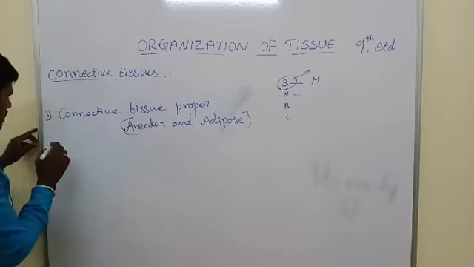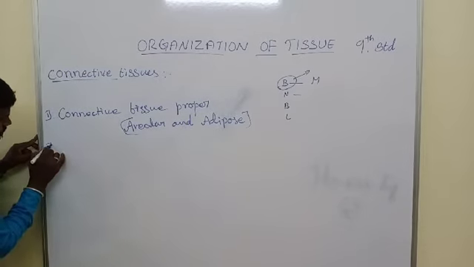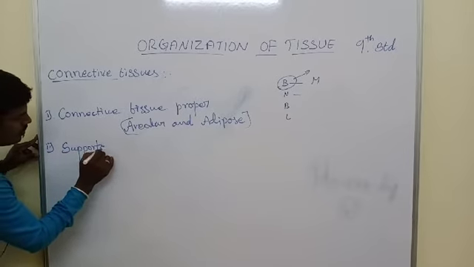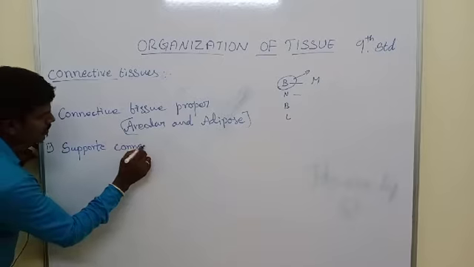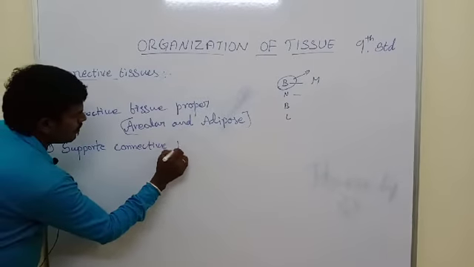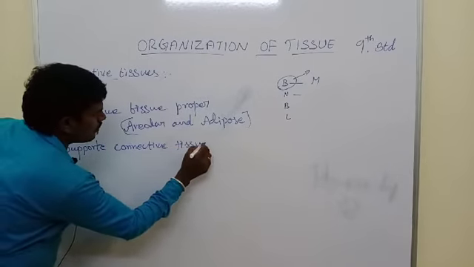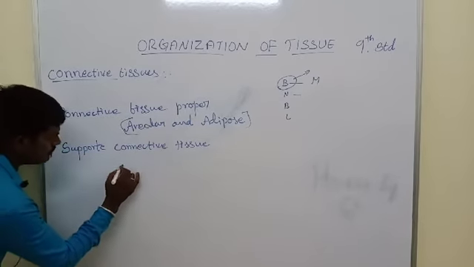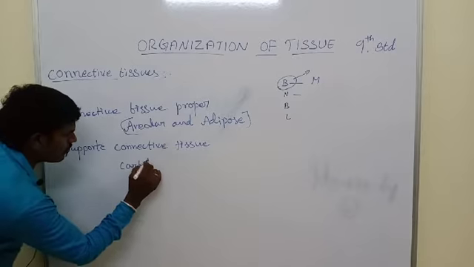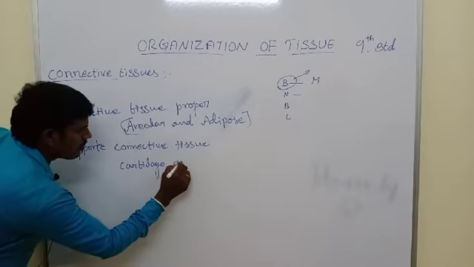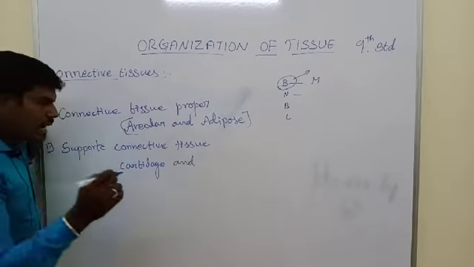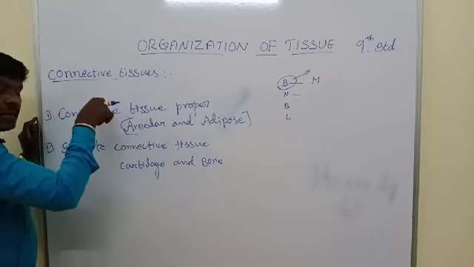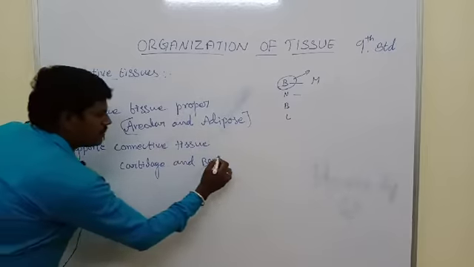And the second one, supportive connective tissue. What are they? Cartilage and bone. I will explain again one by one in brief.